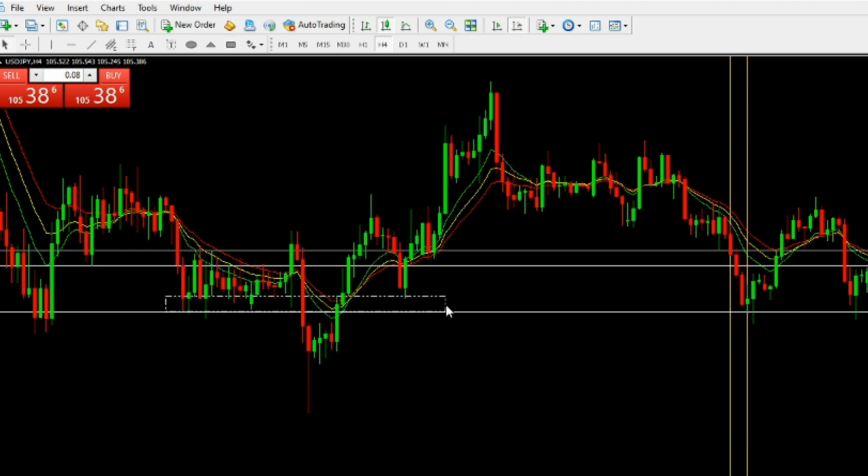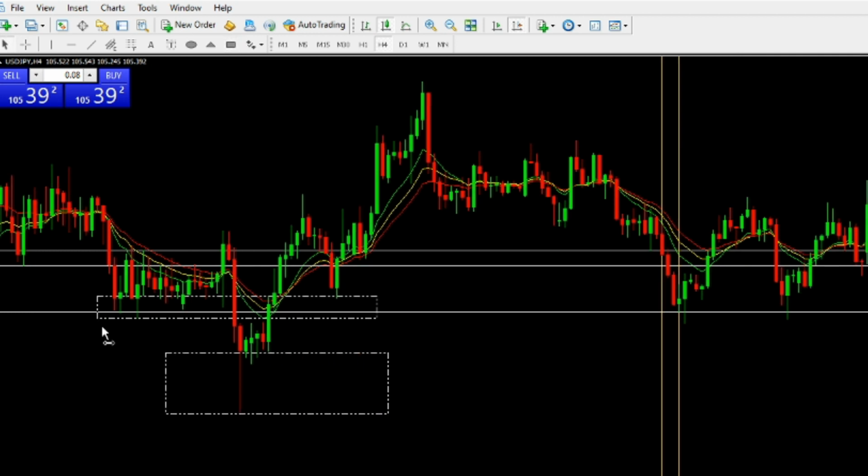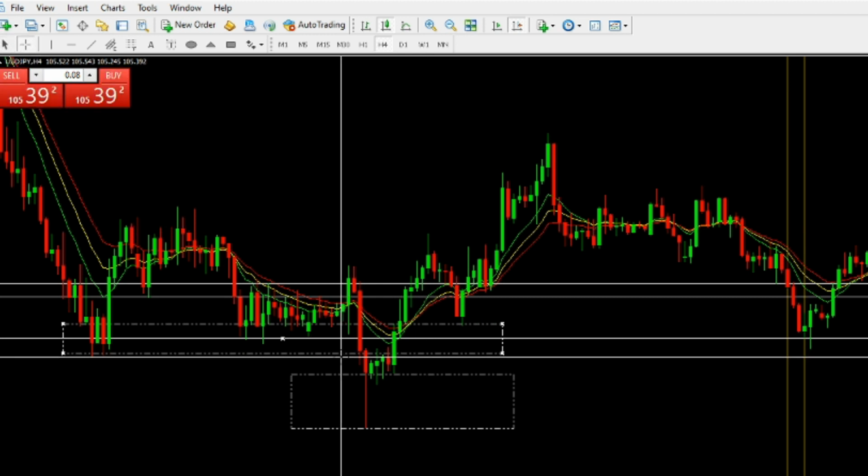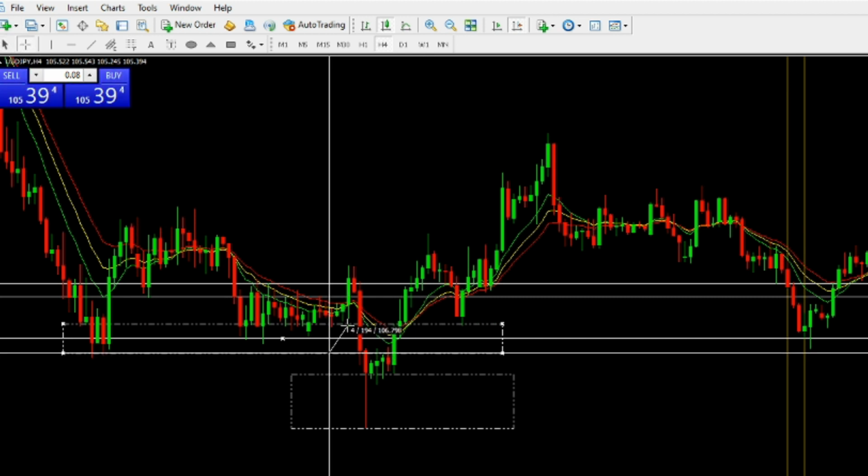This is the support area, then the next support area is this one. Support is not just a single line. You just put an area to this one. It's around 196 pips.